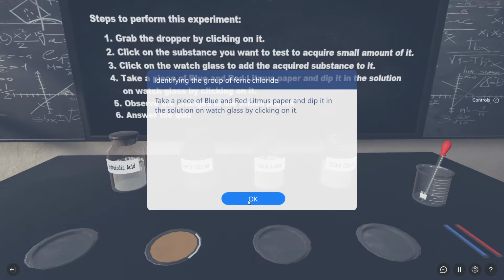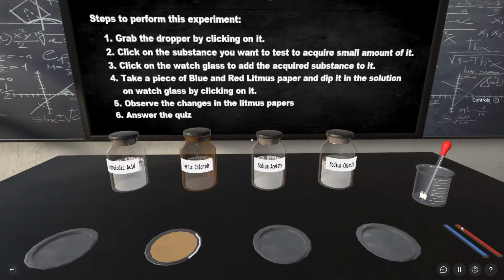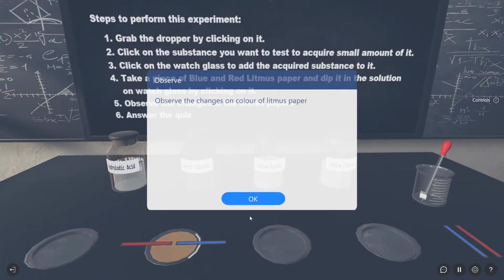Take a piece of blue and red litmus paper and dip it in the solution on the watch glass by clicking on it. Observe the changes in color of the litmus paper.